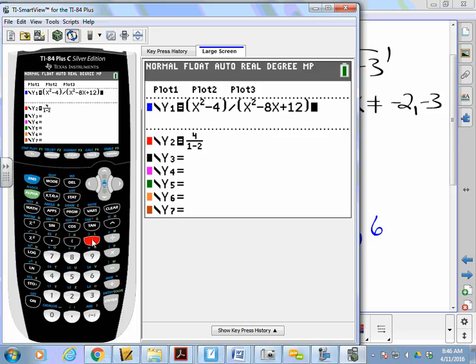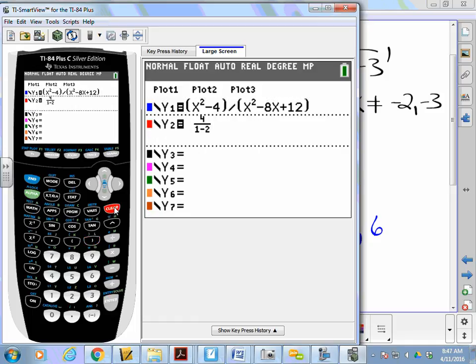If you don't have a calculator with the fraction bar, then you have to put the numerator and the denominator in parentheses, just to remind you of that. Then I'll put my answer in y2: x plus 2 divided by x minus 6.